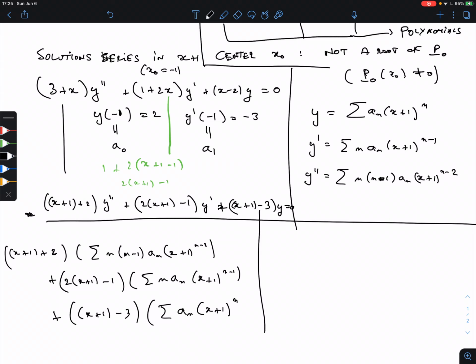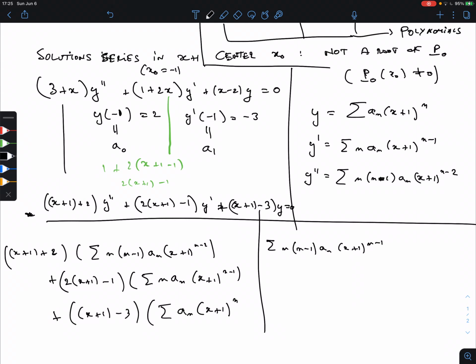Okay, so that is that, and I wrote it this way so that I can work it out here. So now I'm going to expand this, keeping the powers of x plus 1, right? These are all both linear, but there could be also square or even higher powers in general, right? I think the next example might be like that. So what we get? The first one, if I multiply this with that, the only effect is that this becomes n minus 1. So we get summation n, n minus 1, an, x plus 1 to the power n minus 2.